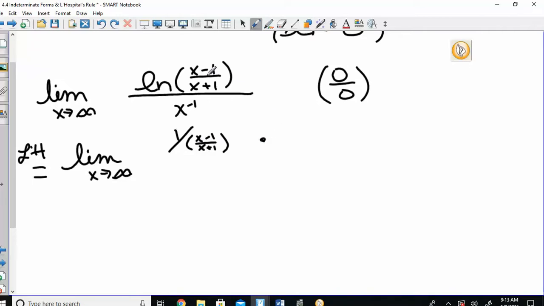And then we'd have to do times the derivative of the inside, which would be the quotient rule. So low d high minus high d low, over low squared.